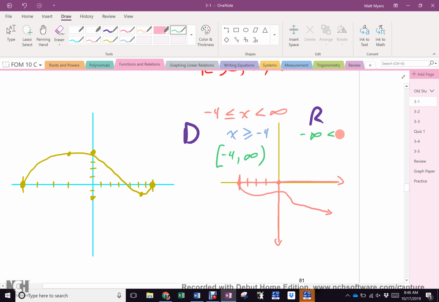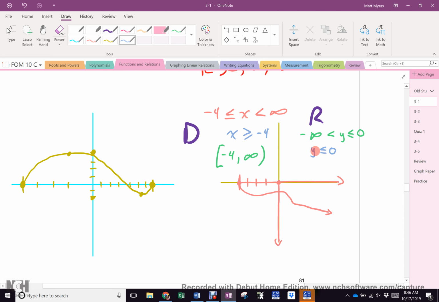So it's less than y, which is less than or equal to what? 0, right? 6 symbols. How can I make that tidier? Y must be what? Less than or equal to 0. That covers all the negatives.